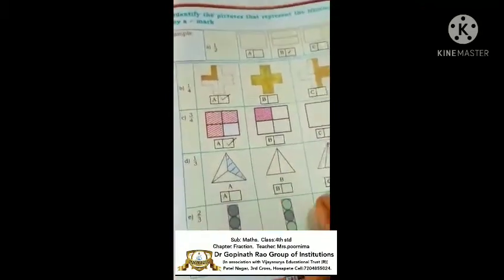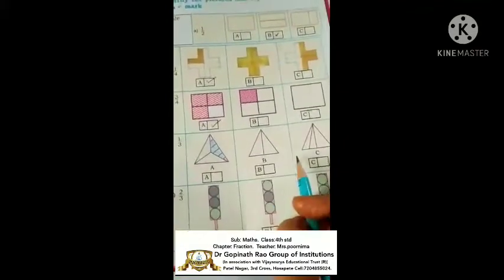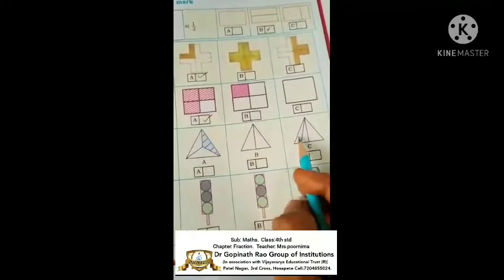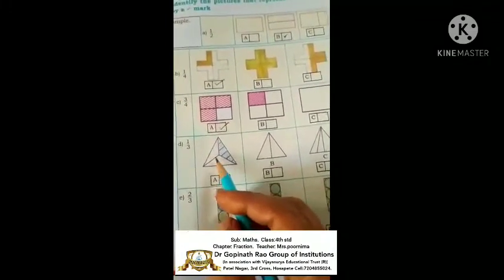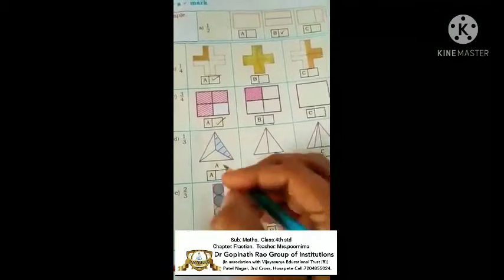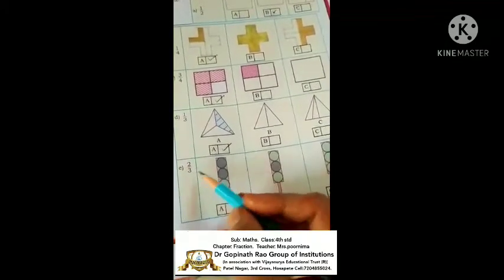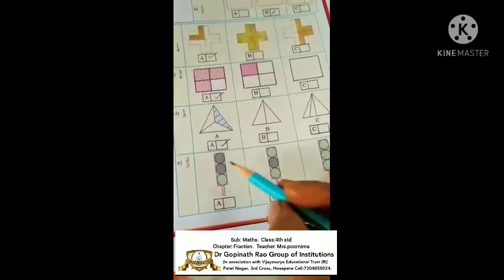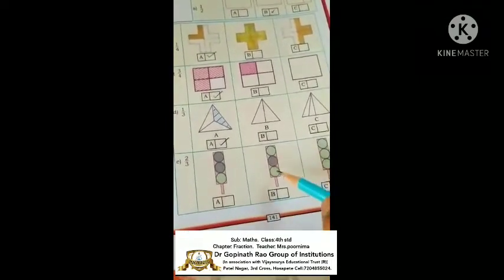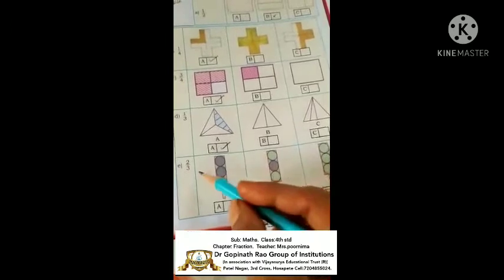Here only 1 is marked, this is a correct fraction. 1 by 3, here we have 3 and 1 is marked. 2 by 3. Here we have 3 circles, in that 2 are colored. That is this one, so 2 by 3.